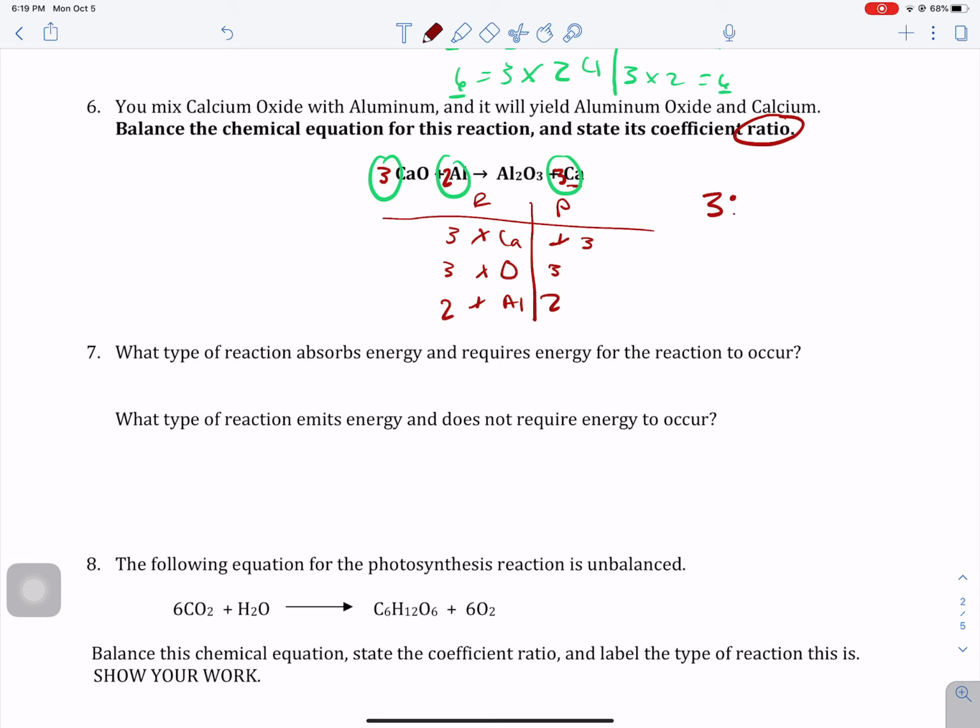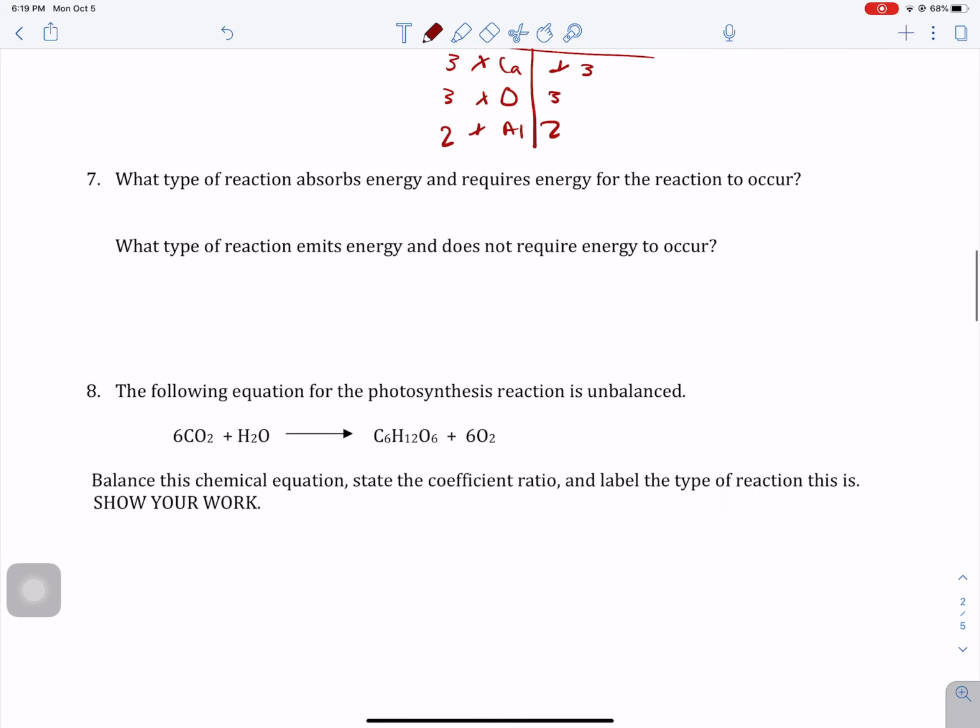A plus is the colon. Then we have a 2. The arrow, you have 2 colons. If there's nothing in these blanks, that means there's a 1. So we have a 1. Another plus, so we have another colon, and a 3. Okay, so that's how you do number 6.